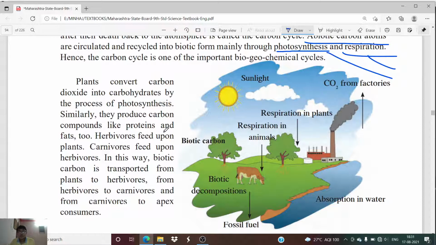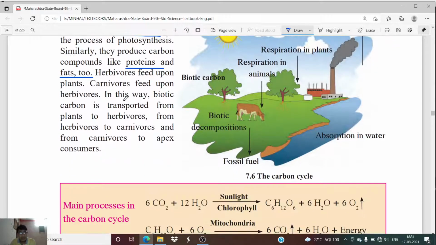And when the photosynthesis process is completed, the plants are going to produce carbohydrates. Similarly, they produce carbon compounds like proteins and fats too. With the help of carbon dioxide, other compounds like proteins and fats are also going to be produced.